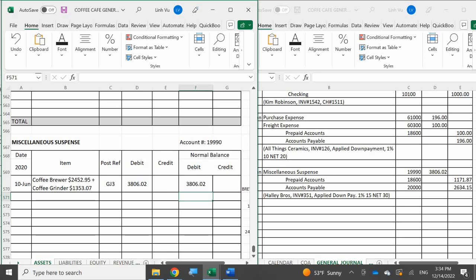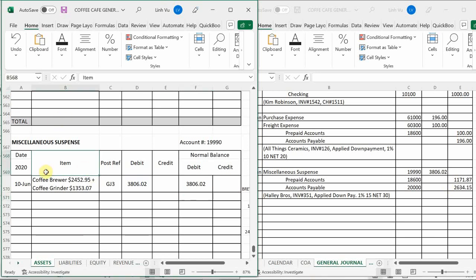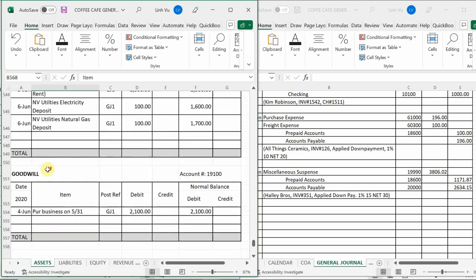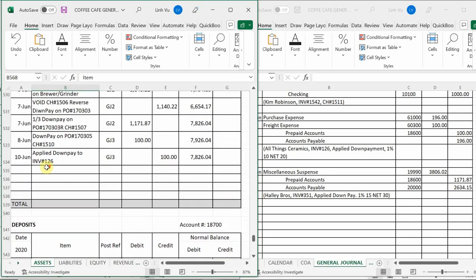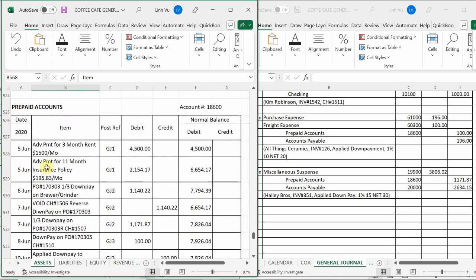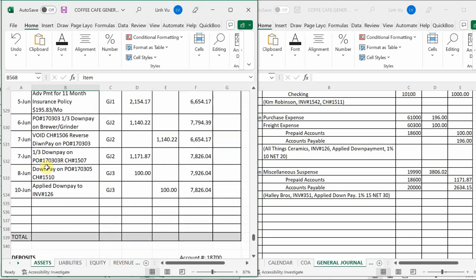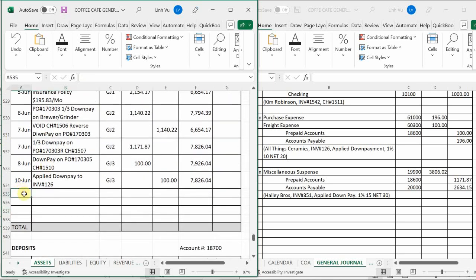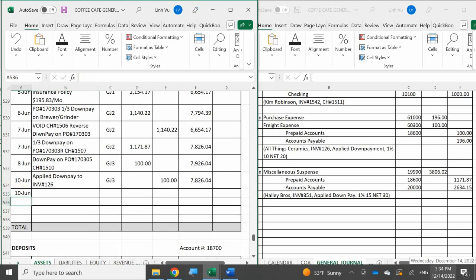So now the next thing I have to do is go ahead and apply my down payment, right? So this one is fairly close by. Here's my prepaid accounts up here. Okay. I'm going to go ahead and apply my down payment for the 10th. Okay, so it's going to be applying down pay on invoice number 351.